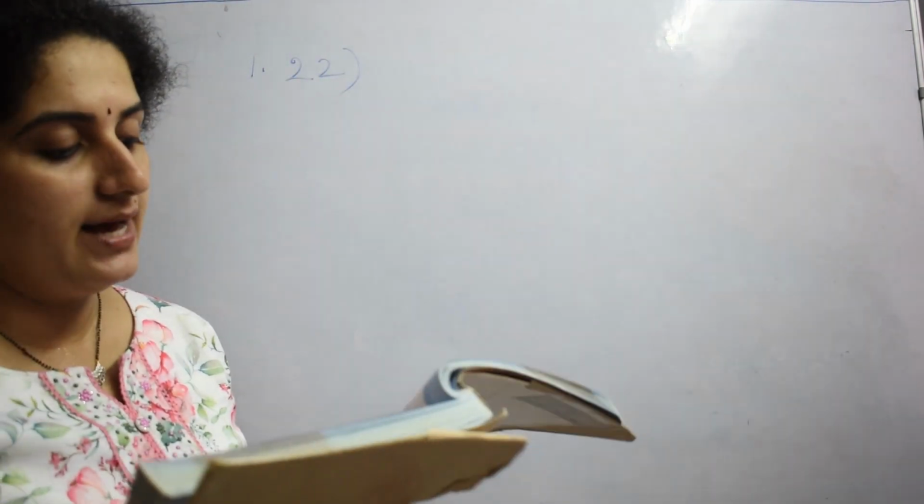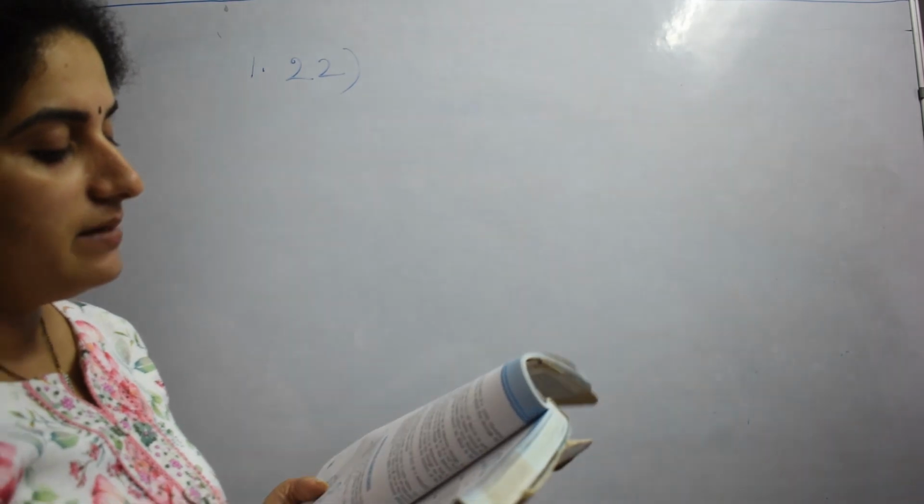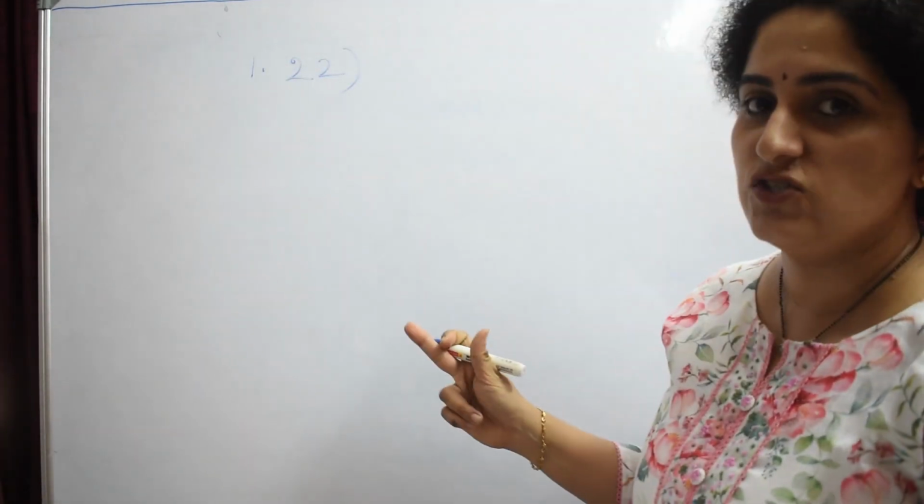Uniformly charged conducting sphere of 2.4 diameter has a surface charge density. The concept of surface charge density, that is 80 microcoulomb per meter square. We have studied 3 charge densities: linear charge density, surface charge density, and volume. Okay, so 80 microcoulomb, this is surface charge density.